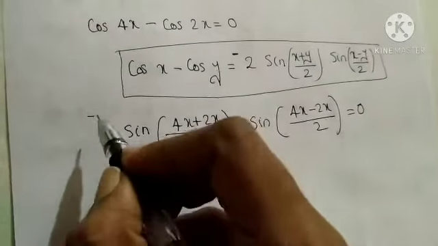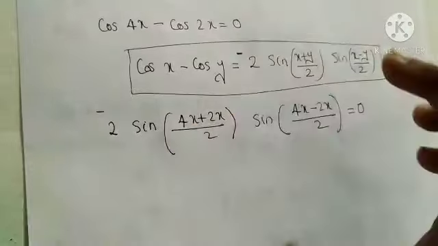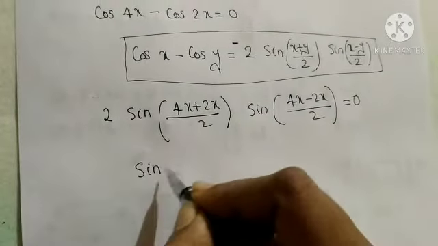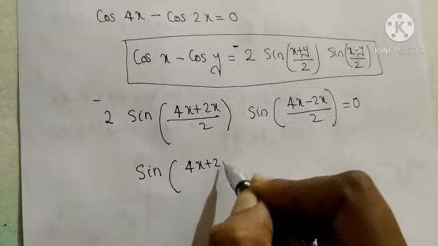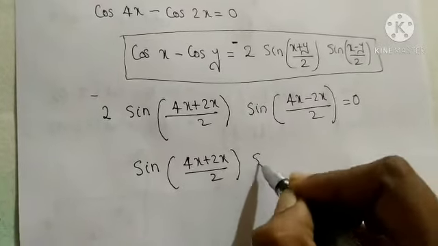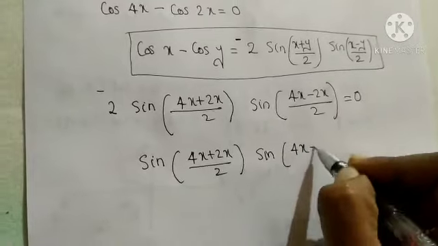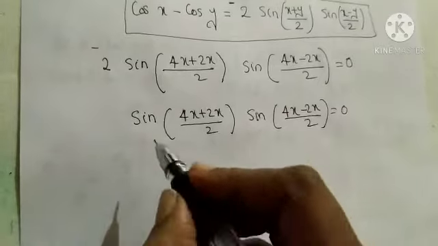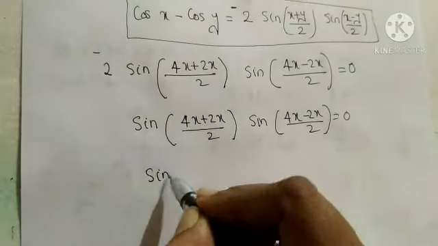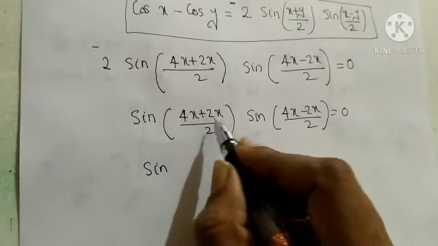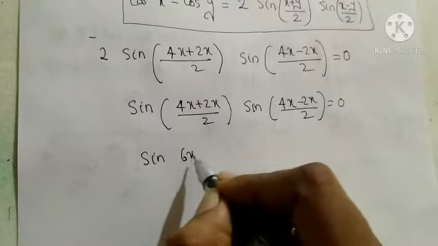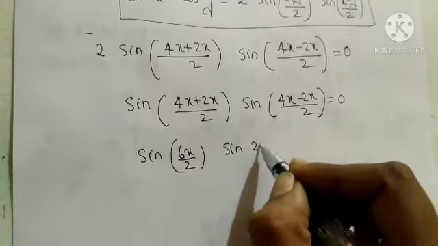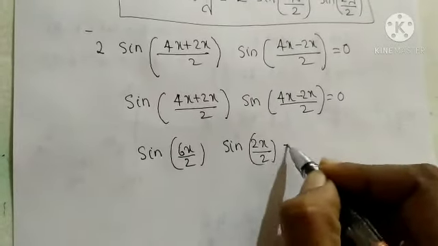Okay. So this negative sign and 2 go to the RHS. So it will become sin (4x plus 2x) divided by 2 into sin (4x minus 2x) divided by 2 equal to 0. So here it can be written as 4x plus 2x becomes 6x by 2 into sin of 4x minus 2x becomes 2x by 2 equal to 0.